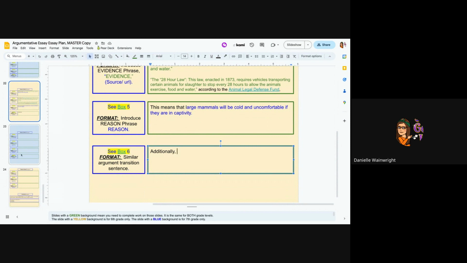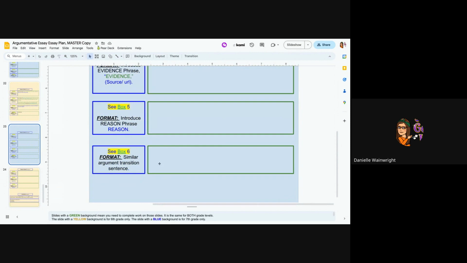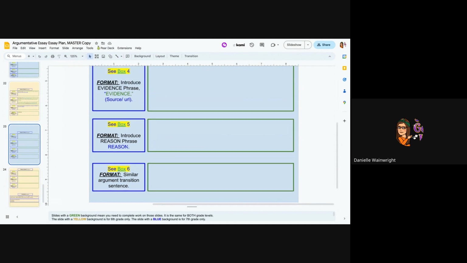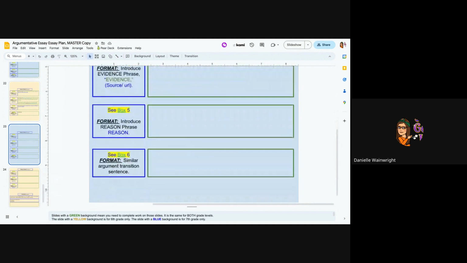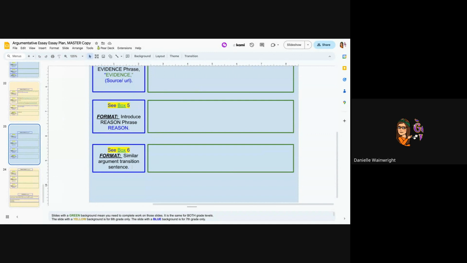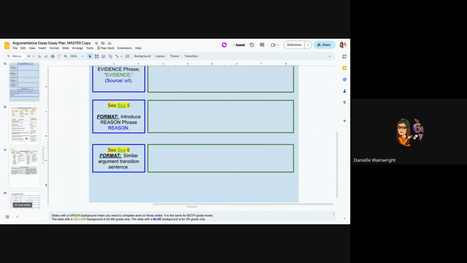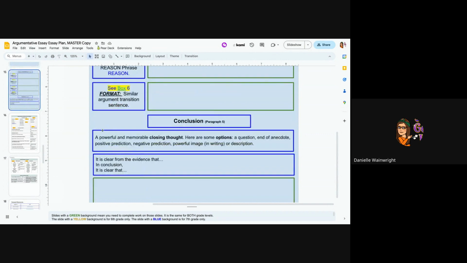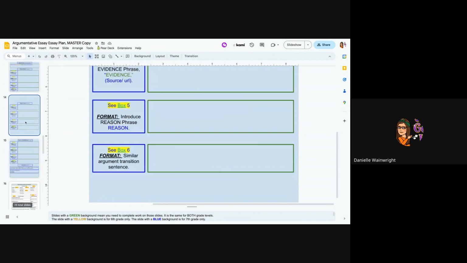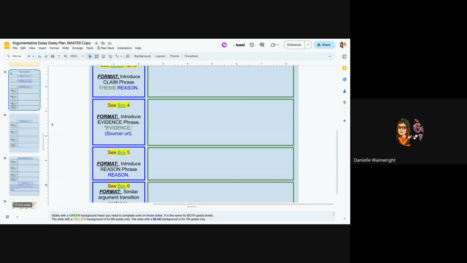Okay, 7th graders, the only difference you have here is that in box 6, you are going to be using a counterclaim argument. And I know that this says similar argument transition sentence. Let me double check. What's going on here? Did I do that for all of them? Yeah. Okay.